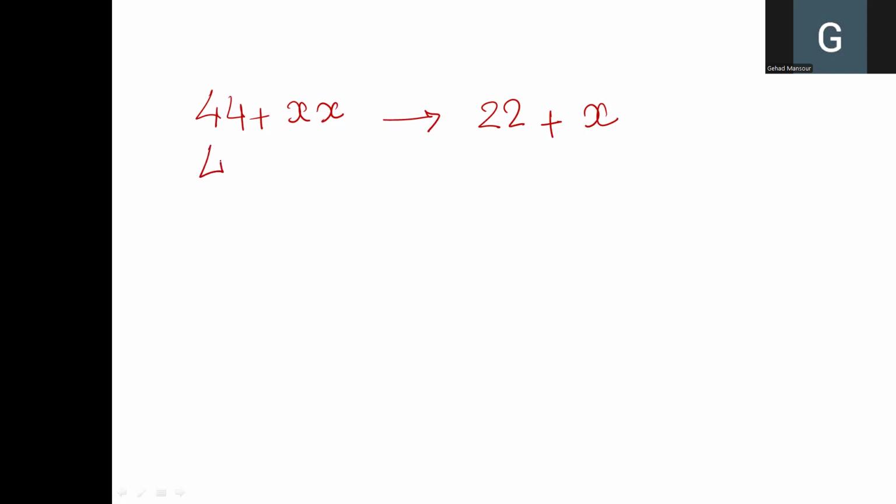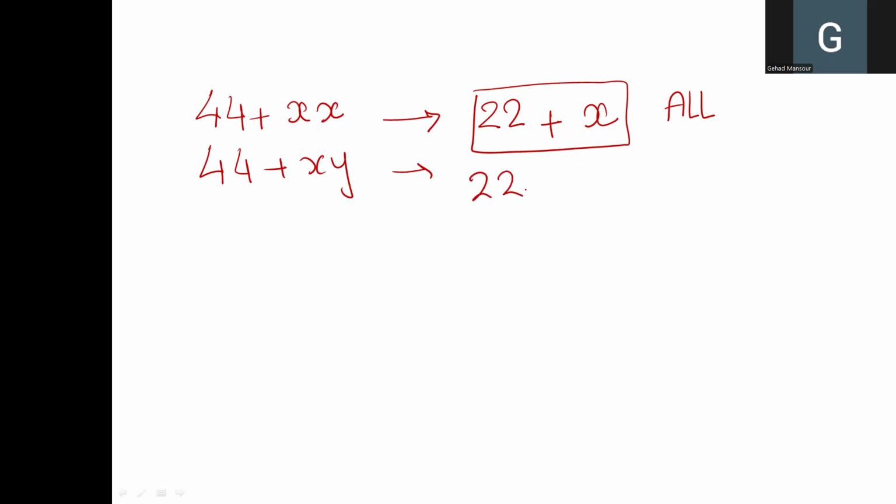Similarly, for the male, 44 plus XY. In the female, we have only one possibility: all the eggs, the ova, will contain 22 plus X, whereas the sperms of the male will be either 22 plus X or 22 plus Y.